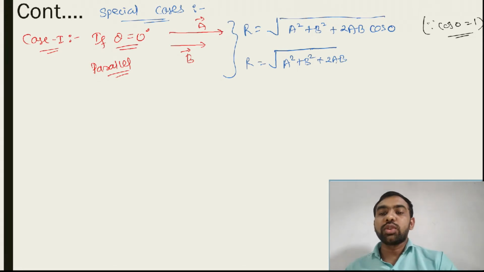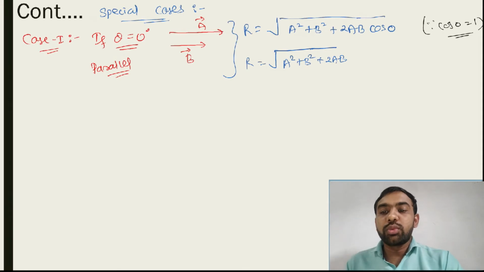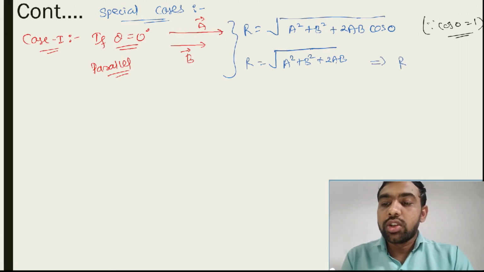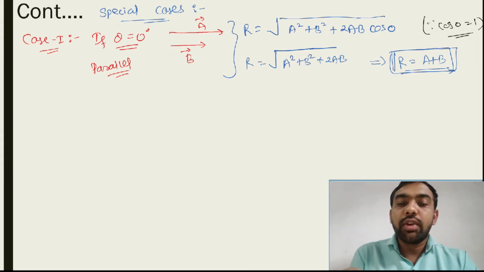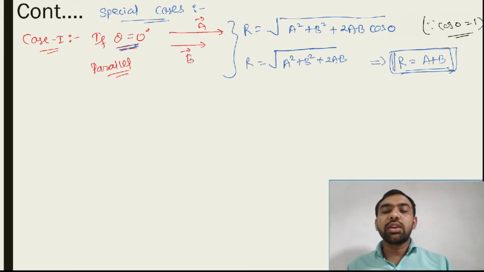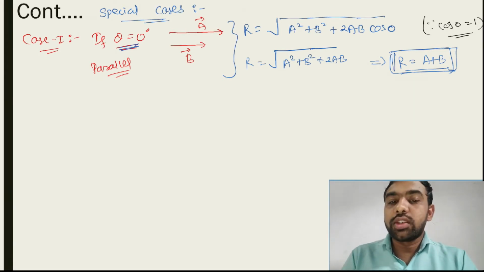This is actually a plus b whole square, and the square and root cancel out. So the resultant is equal to a plus b. But only when theta is equal to 0, otherwise not. Let's come to case 2.